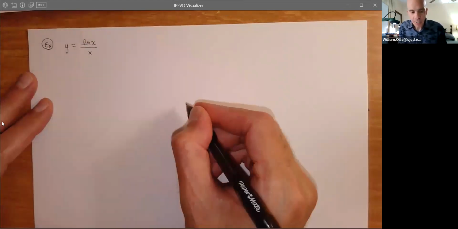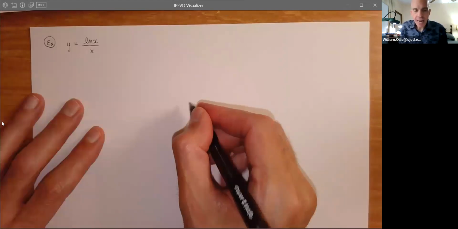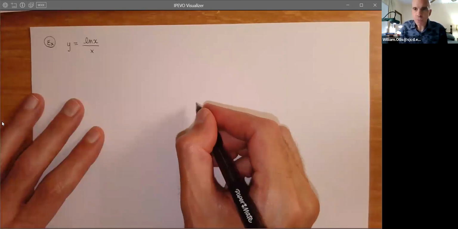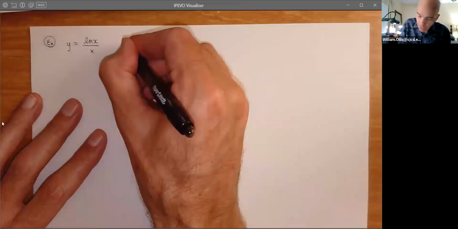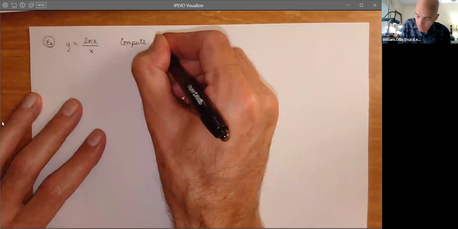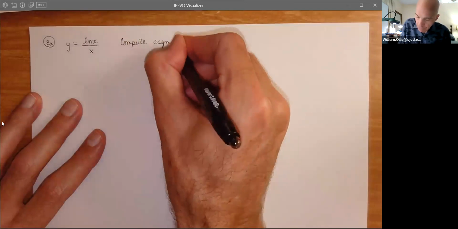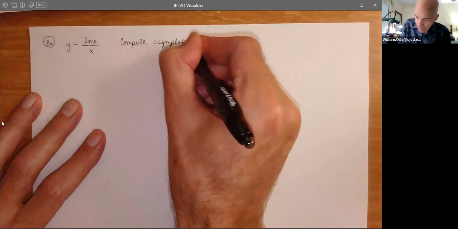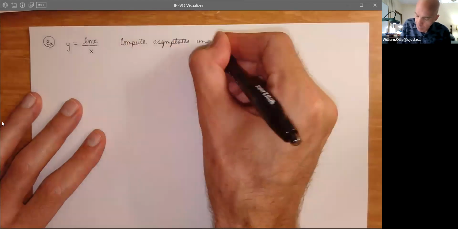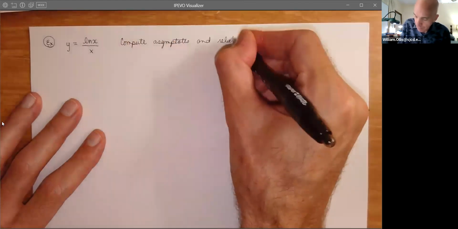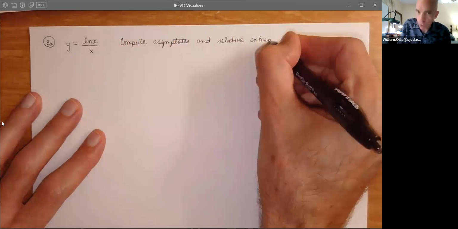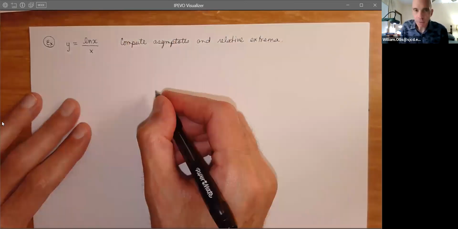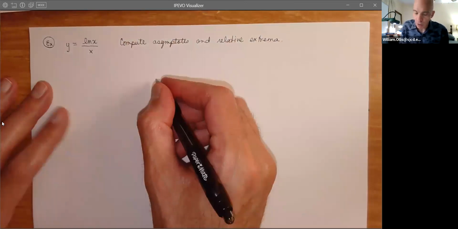And then your task here is to compute asymptotes and relative extrema. Again, not very difficult, but a nice application of the new theory with L'Hopital.